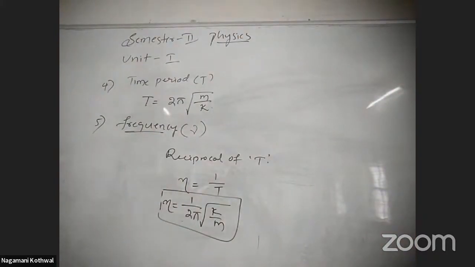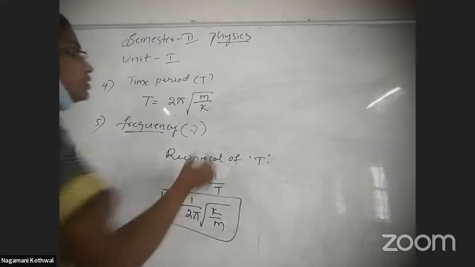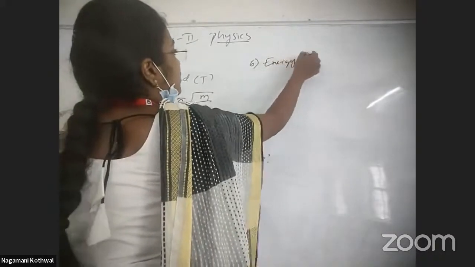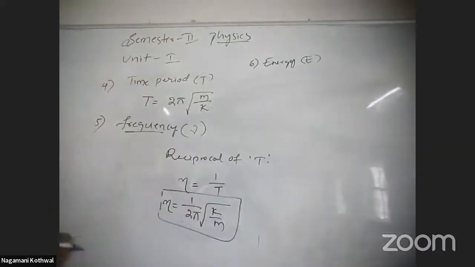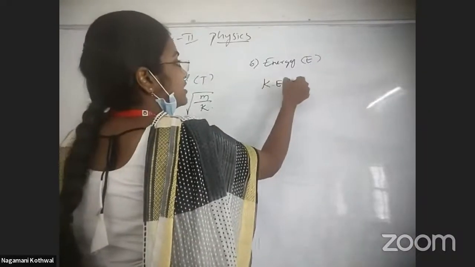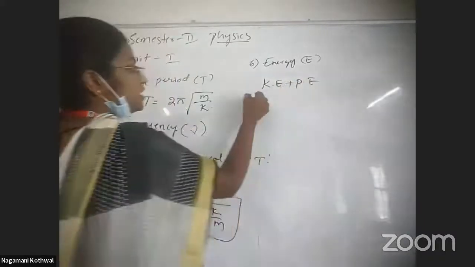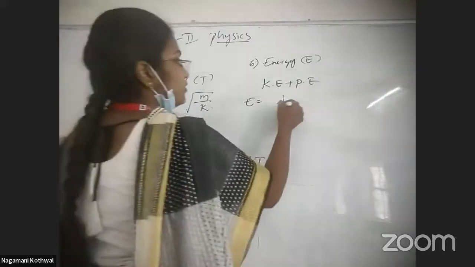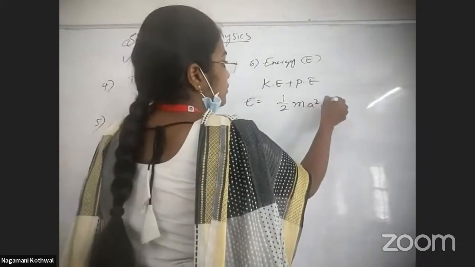And the last one is energy. The total energy of any simple harmonic oscillator is kinetic energy plus potential energy. So the total energy of a simple harmonic motion is half m a square omega square.